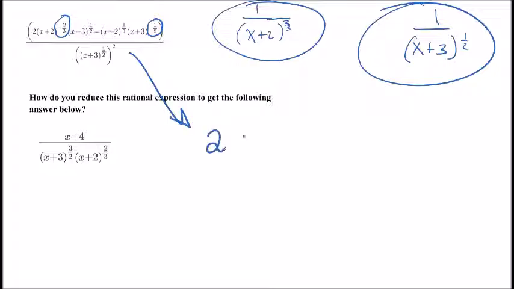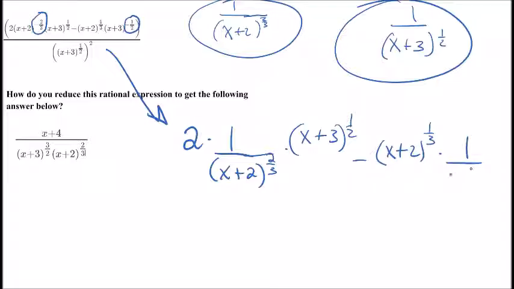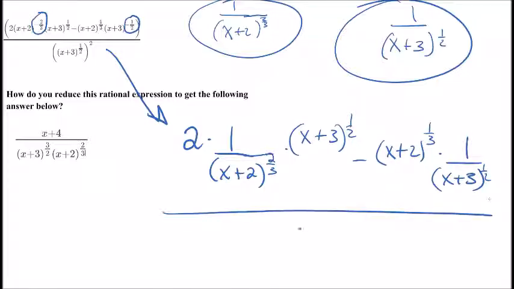In this case, this will be 2 times 1 over x plus 2 to the 2/3 times x plus 3 to the 1/2, minus x plus 2 to the 1/3 times 1 over x plus 3 to the 1/2, and then all of that over x plus 3.